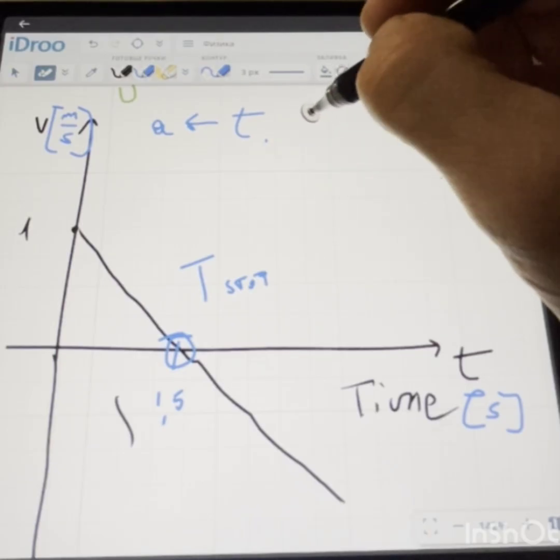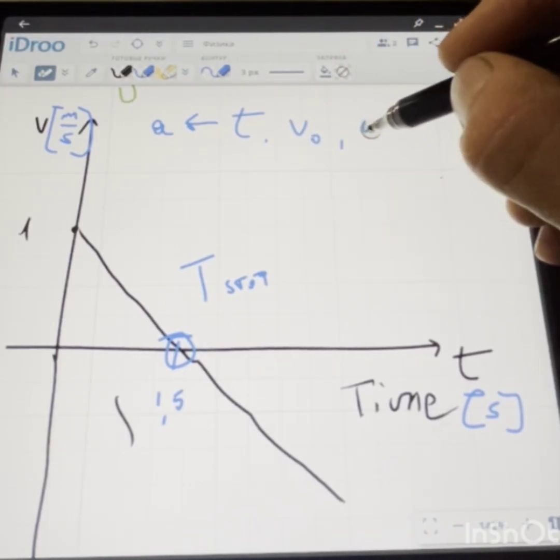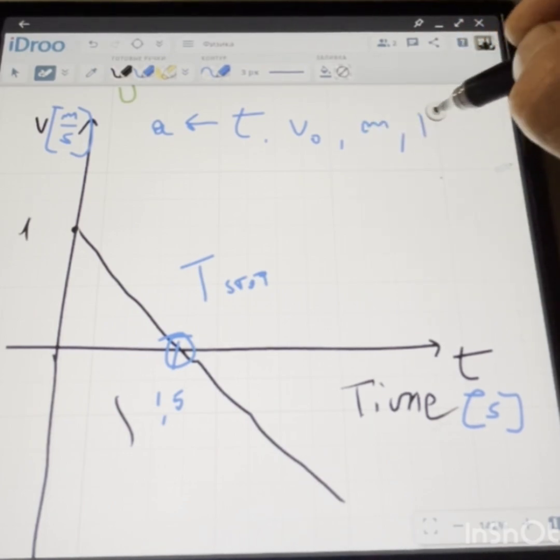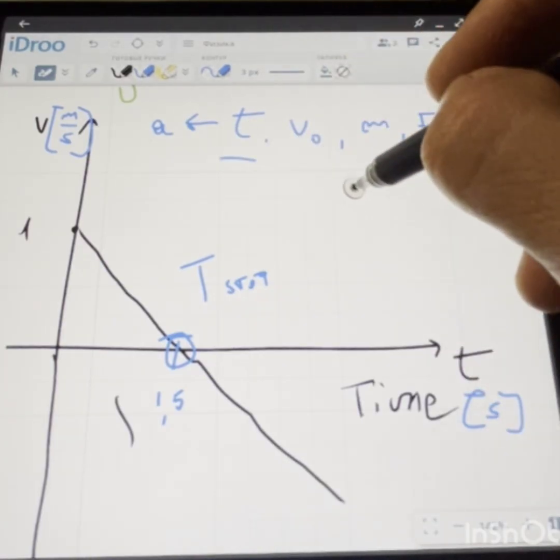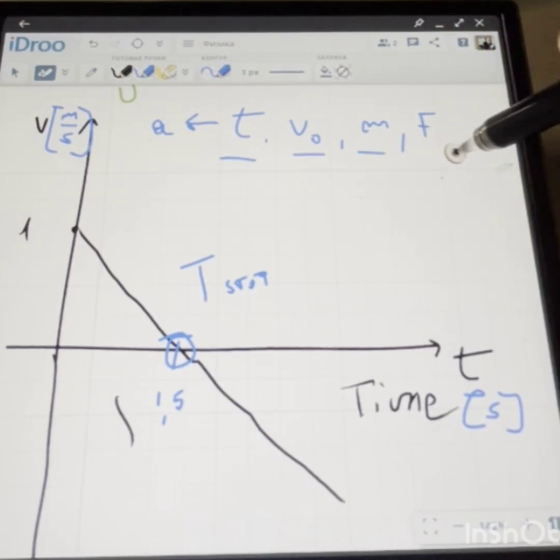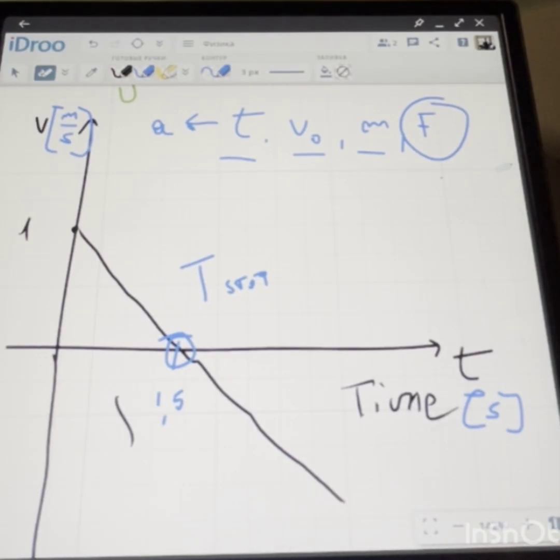And the initial speed, the initial velocity. And eventually we would need the mass and the force acting on it. We have time, we have velocity, we have mass, and so we will be able to find force eventually, isn't it? We will. So let's get the acceleration from these two.